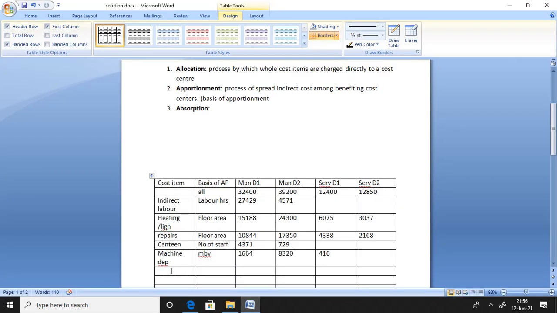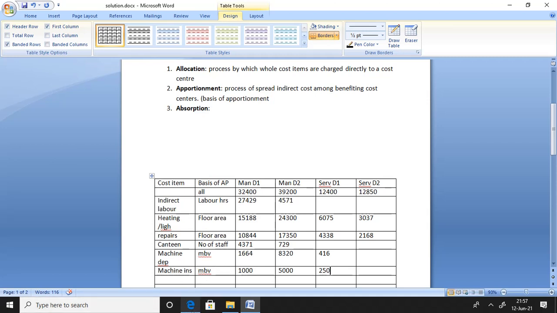There you have machine insurance, basis of apportionment, machine book value. The first calculation there will result in 1,000. Then the next one would be 5,000. The next one is going to be 250.